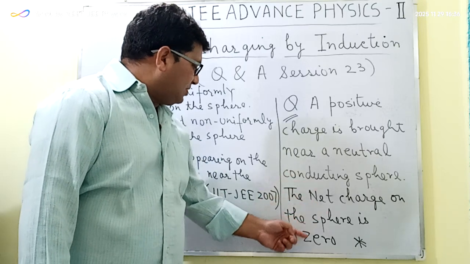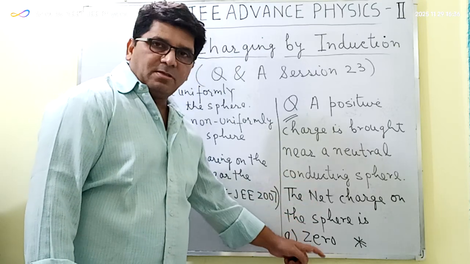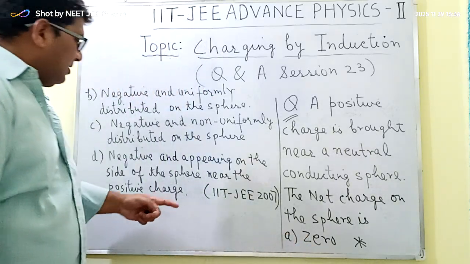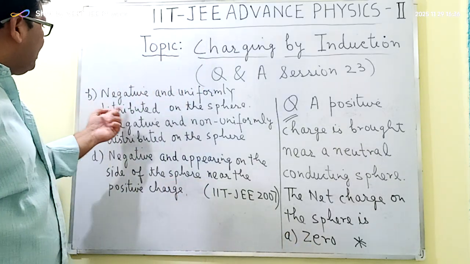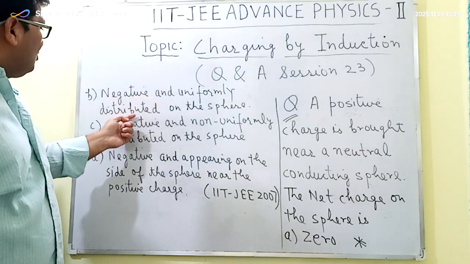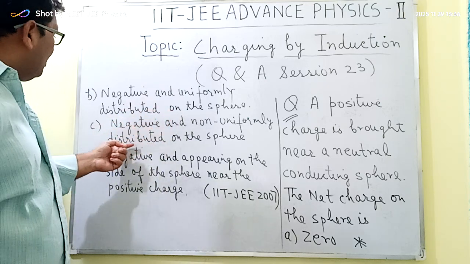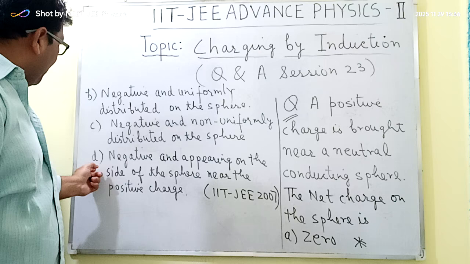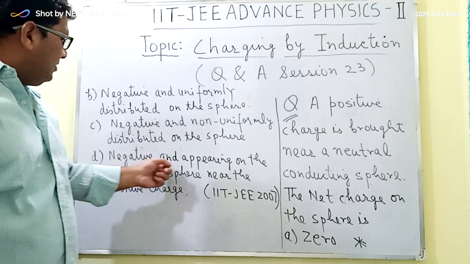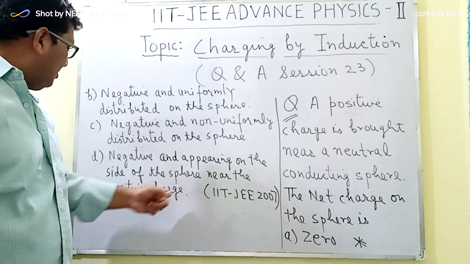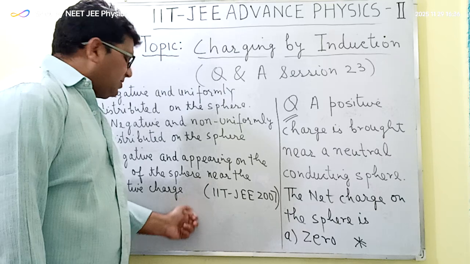So the net charge on the sphere is, and there are four options. The first option is 0, the second option is negative and uniformly distributed on the sphere. The third option is negative and non-uniformly distributed on the sphere. And the fourth option is negative and appearing on the side of the sphere near the positive charge.